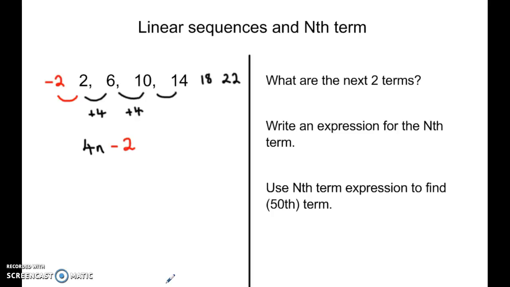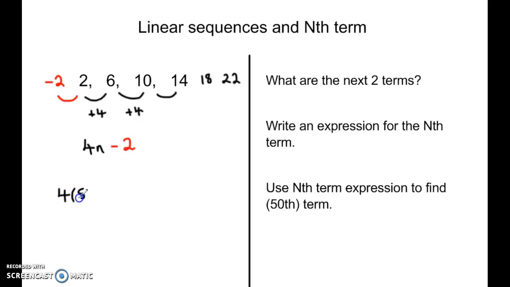Let's have a look at how you would put that to use. Use your nth term expression to find the 50th term. I put 50th in brackets there because it's just an example. You could be asked the 20th, the 30th, the 100th, but as long as you understand the method, you should be fine. We take the value that we're given and we substitute it in place of n.